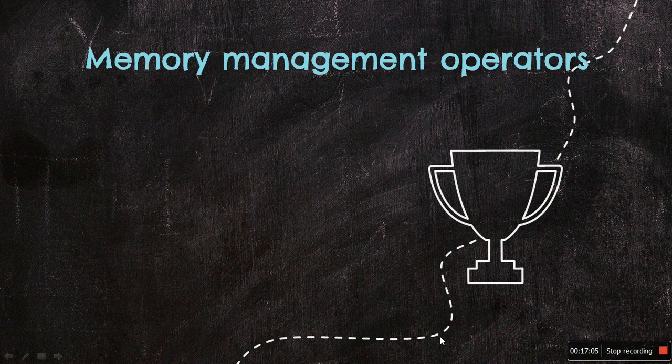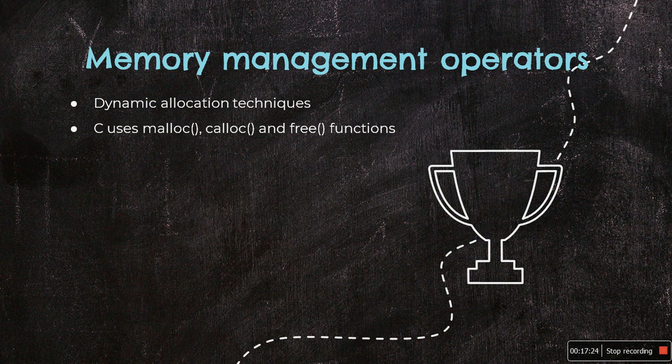Now next is memory management operators, in which you have dynamic allocation techniques. In the C language, you have malloc and calloc functions to allocate memory dynamically at runtime, and it also uses the function free to free the dynamically allocated memory.